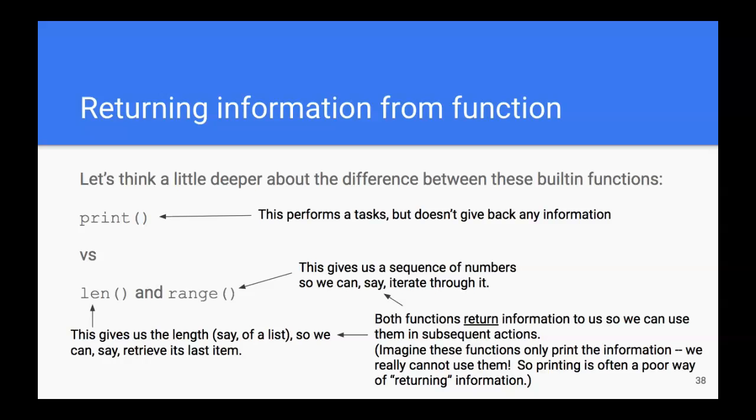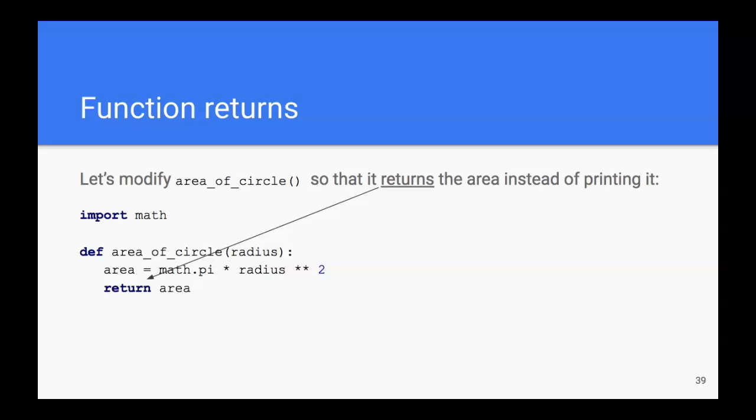So, as a small tangent, printing is really often a very poor way of returning information because printing doesn't return anything. So we want functions to be able to return things, information, so that we can further use them.